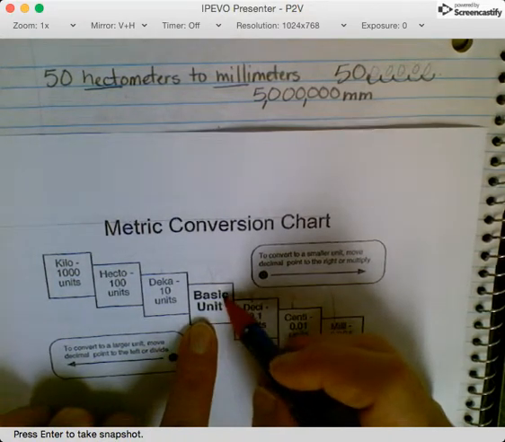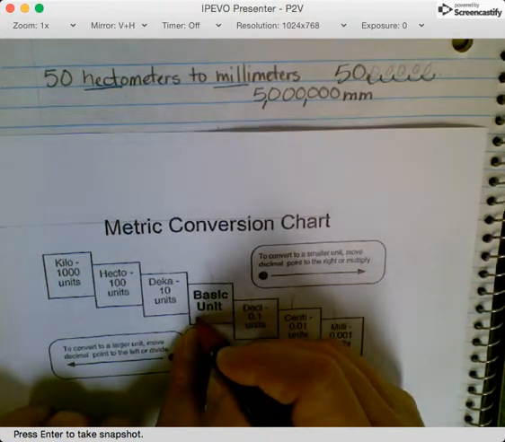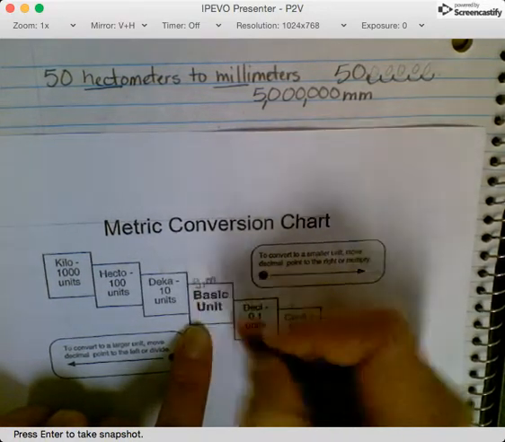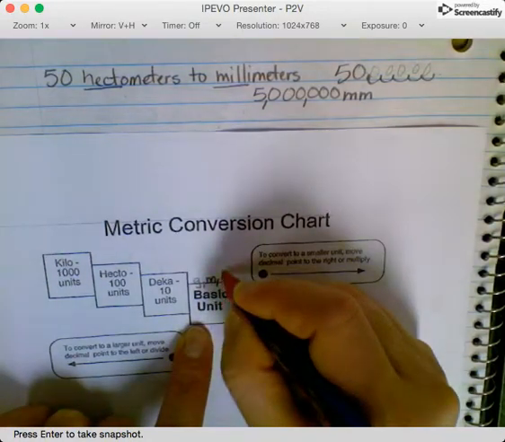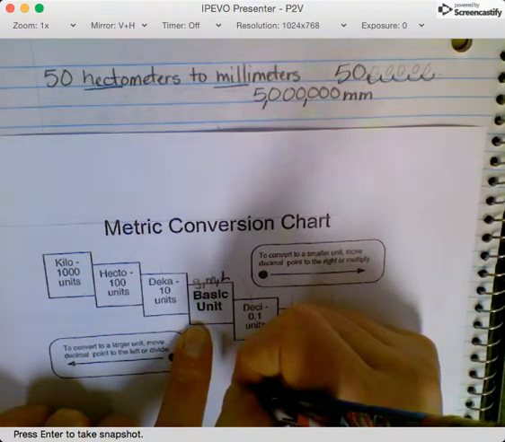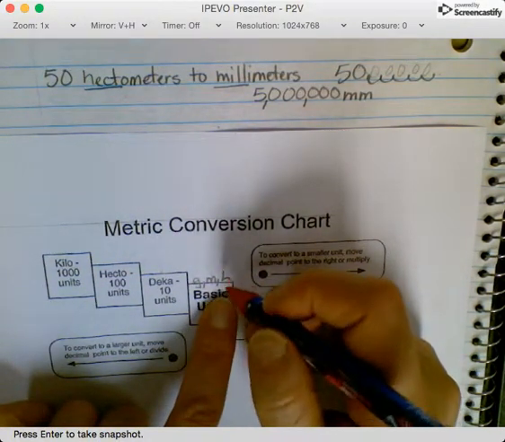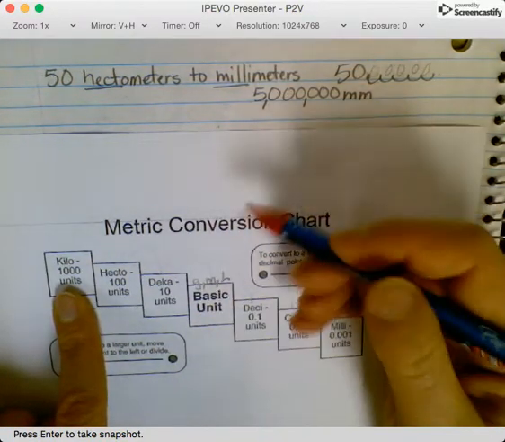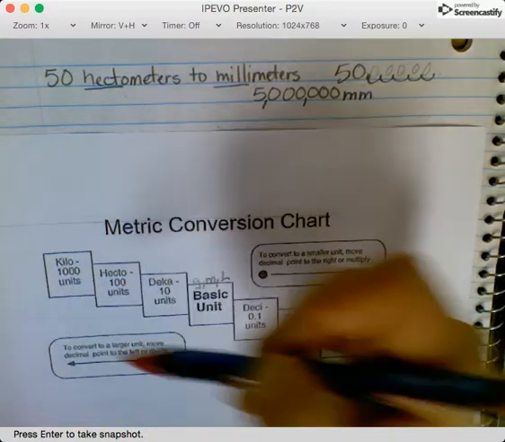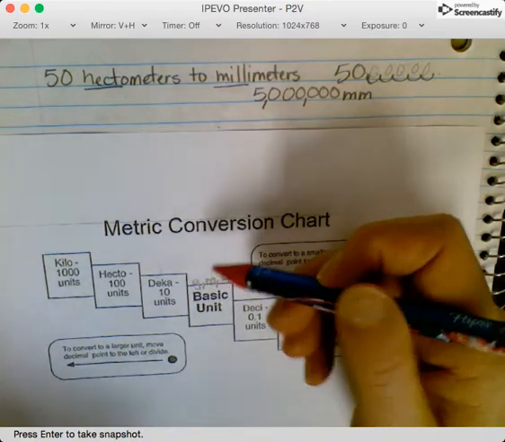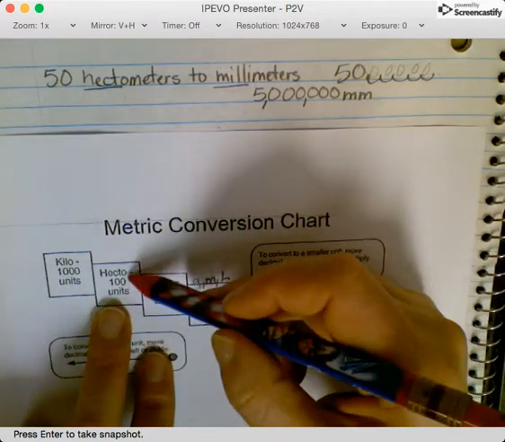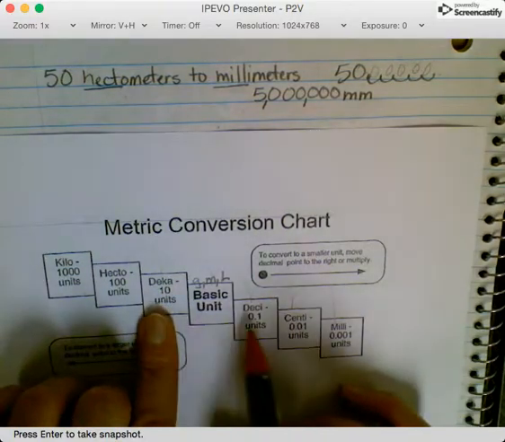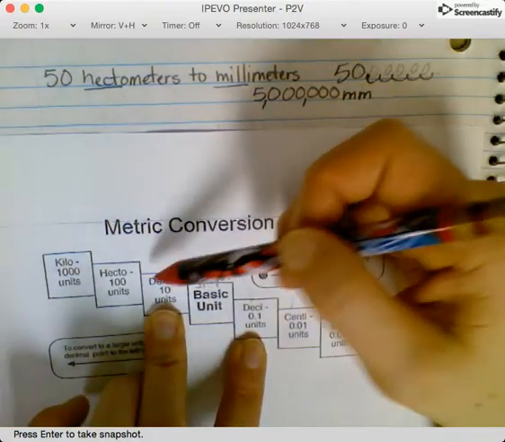Just something to note on this: your base unit is going to be grams, or g; meters, m; or liters, which is L. Notice on the liters, the L is capitalized. It's always going to be capitalized, but for kiloliters, it's a lowercase k, capital L. Hectoliters is lowercase h, capital L. And also deca and deci.